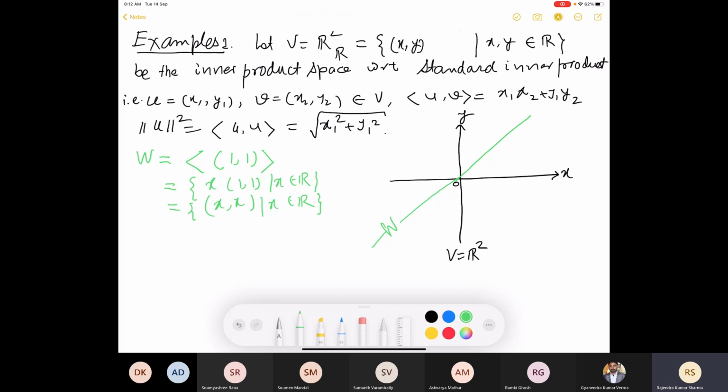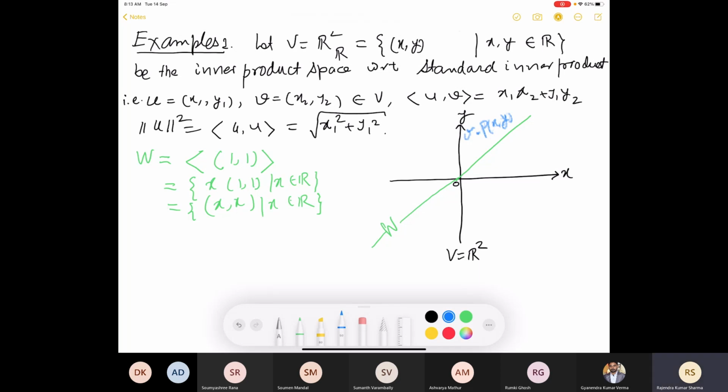Now, if we want to approximate a given point, let us say here P, this is the point x, y, and let us say this is the vector v. So vector v is with these coordinates.